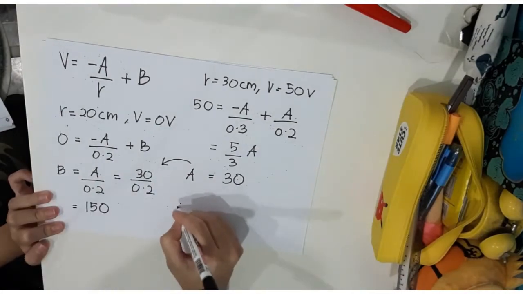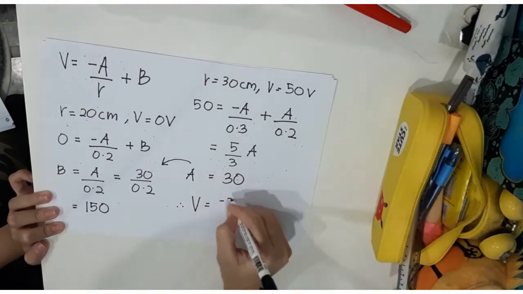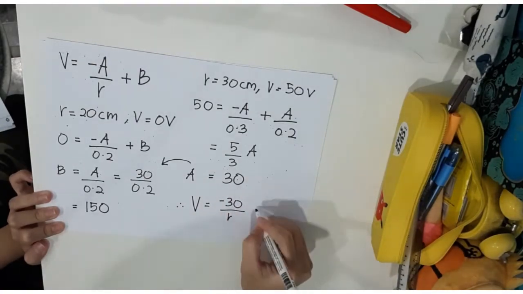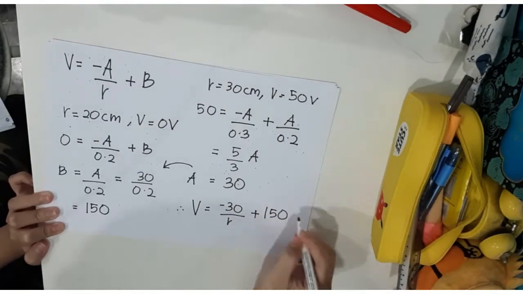Now we find the V. V equal to negative 30 over R plus 150.